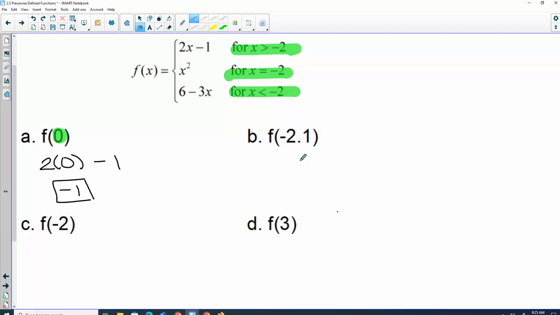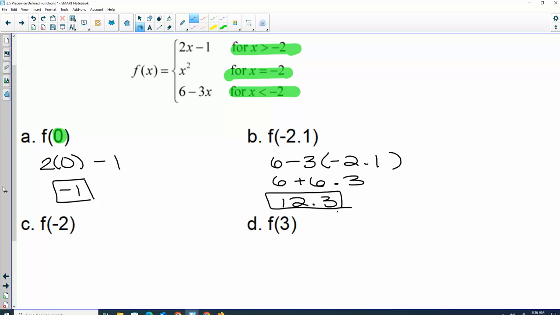If I said f of -2.1, is -2.1 greater than -2, equal to -2, or less than -2? Less than. So we use the third rule. So 6 minus 3 times x, which is -2.1. F of -2.